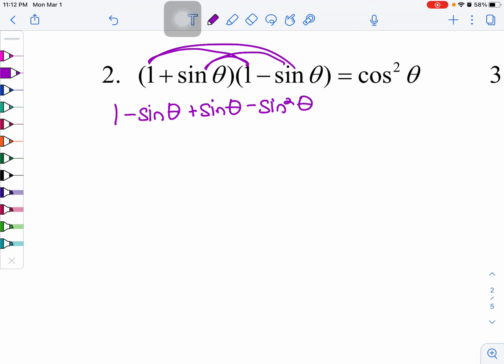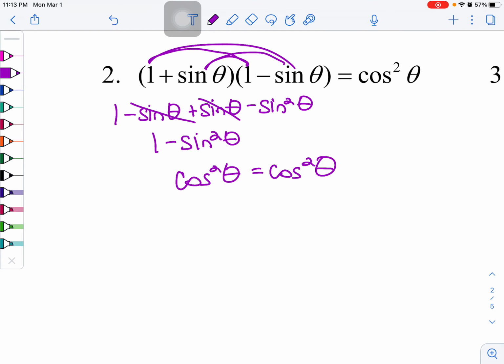And then sine theta times negative sine theta, so negative sine squared theta. So minus sine theta and a plus sine theta will cancel, and so I get 1 minus sine squared theta. If I remember my Pythagorean identities, 1 minus sine squared theta is cosine squared theta, which is exactly what I wanted to end up with.